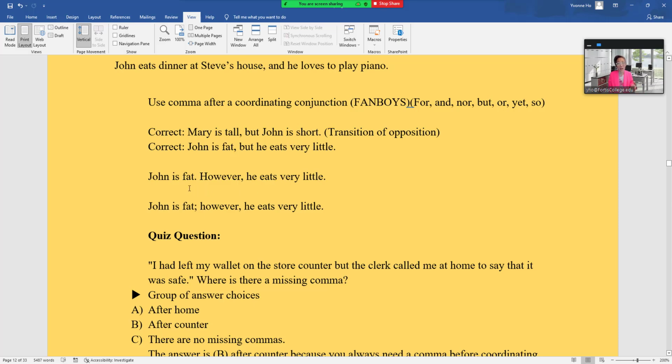That means that when the reader reads that sentence, he's going to read it like John is fat, you wait a while, and then you go, however, he eats very little. Because when you end a sentence with a period, that's final. But if you end the sentence with a semicolon, that means you're trying to continue the sentence. So the reader is going to read it as John is fat, however, he eats very little.